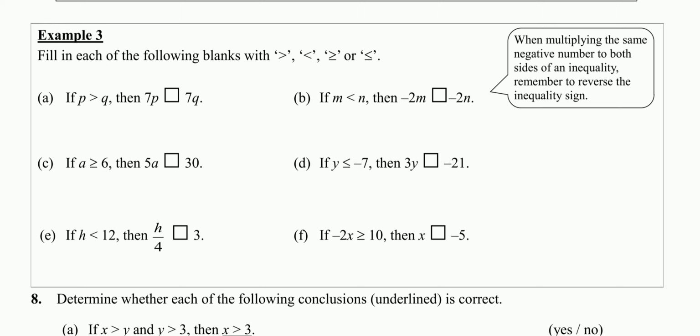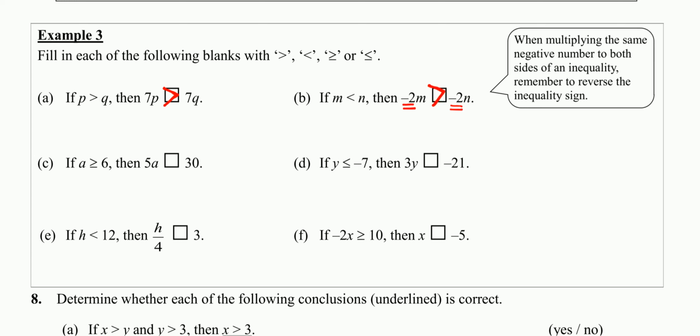If P is greater than Q, since 7 is a positive number, 7P is still greater than 7Q. And if M is less than N, since in part B we multiply -2 on both sides, we should change our position.